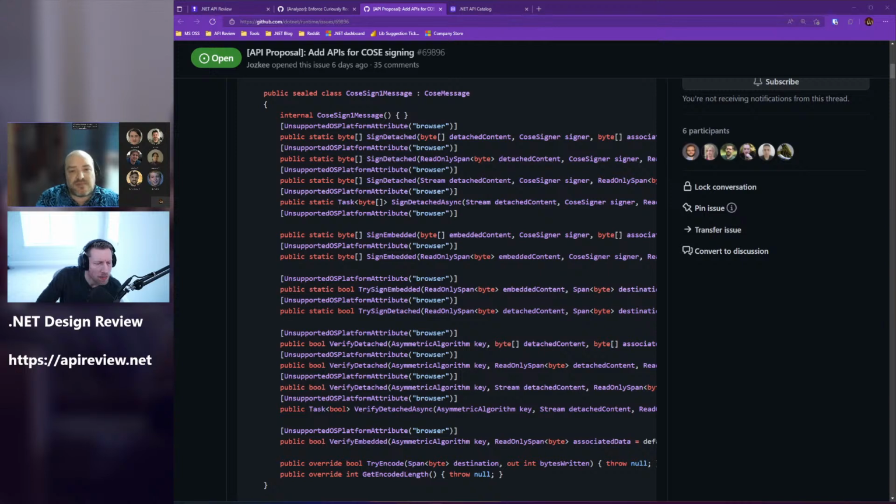I think there's two options. If it's already in a separate assembly, we might as well mark the entire assembly as unsupported. That's one way. But if we wanted to say there's nothing wrong with declaring types, then I'd be more in favor of just marking the entry points, which in your case is the constructor for COSE Signer, and saying whoever does that is not supported, but anybody who just passes data is fine.